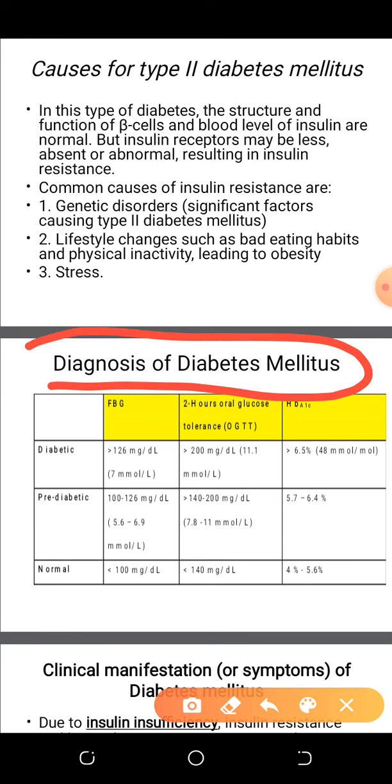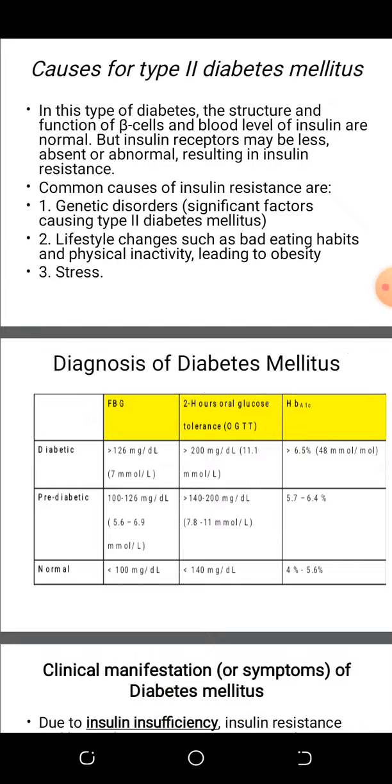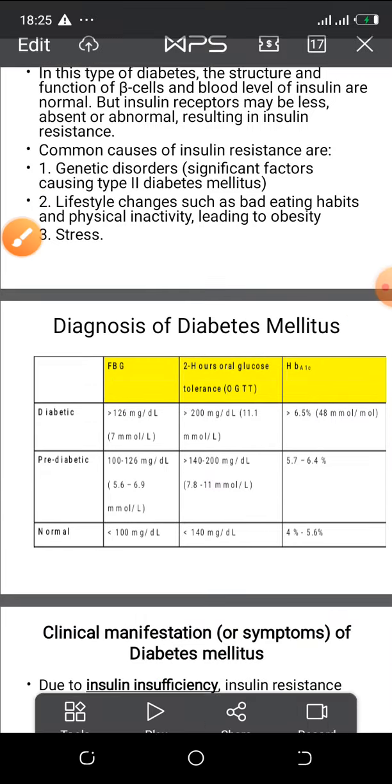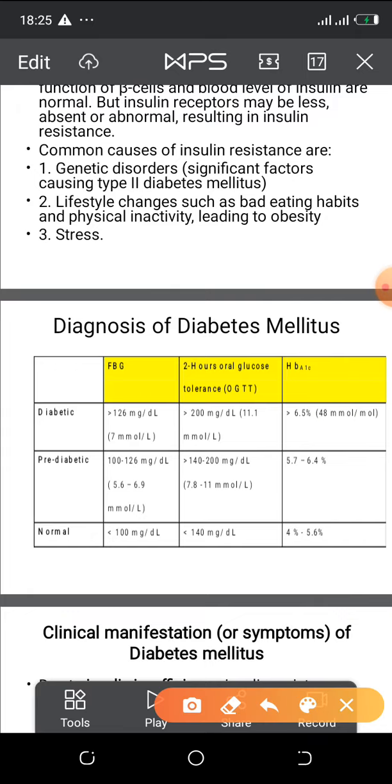In diabetes, the fasting blood glucose level is greater than 126 milligrams per deciliter. But we know that this shouldn't be the case in a normal healthy person. In a normal person, the fasting blood glucose should be less than 100 milligrams per deciliter.